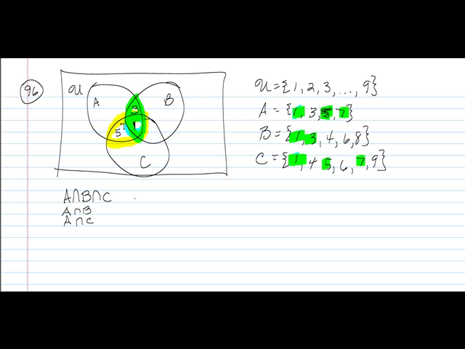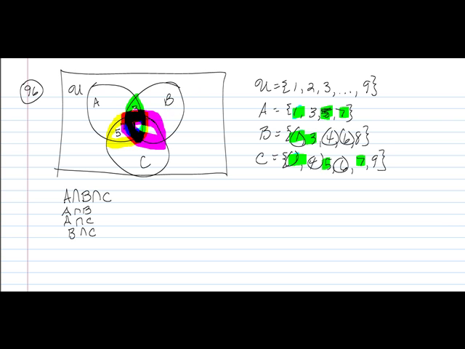Alright, so now we're ready to move on to B intersects C. And what do B and C have in common? 1, 4, and 6. So here's the region.